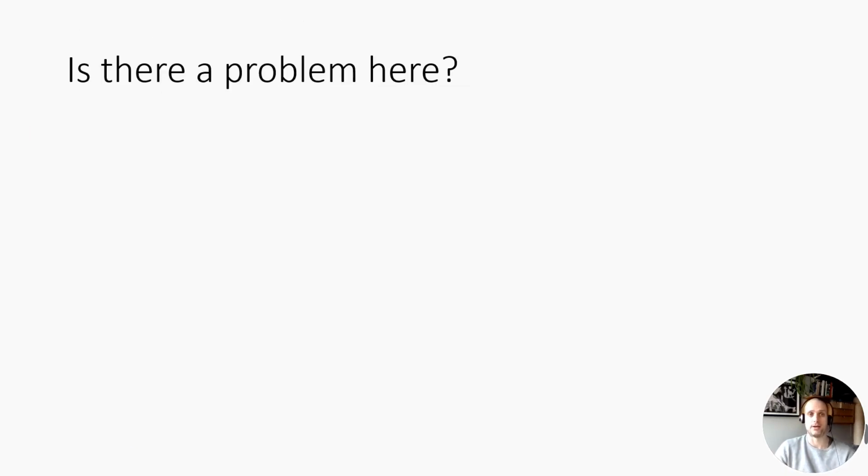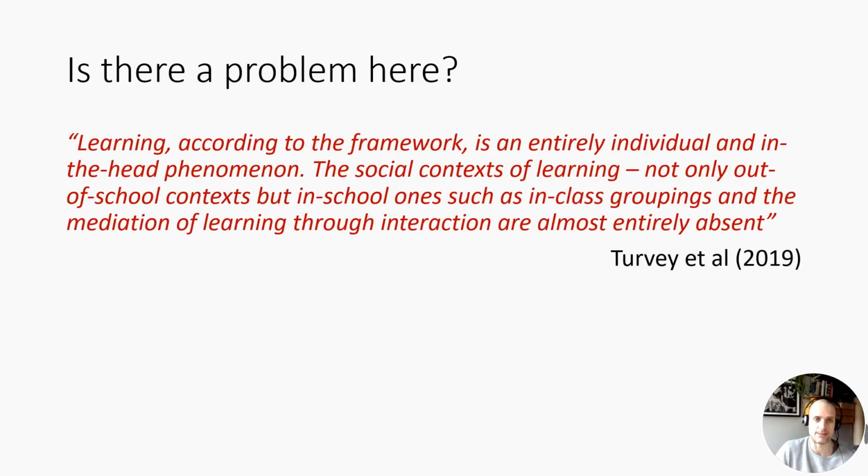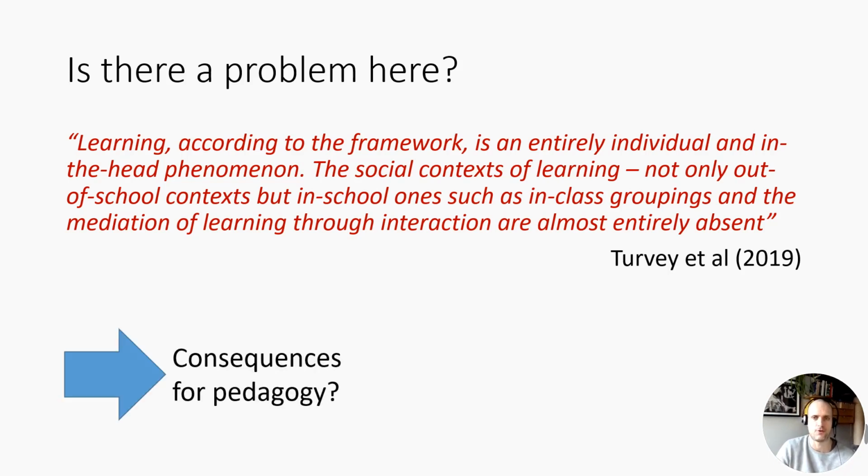So there we go. But the problem that many people pointed out at the time is that it's entirely an individual, in-the-head phenomenon. It doesn't talk about the social context of learning, doesn't really speak in great detail about groups. Mediation of learning through interaction is almost entirely absent. And therefore, that has significant consequences for pedagogy.